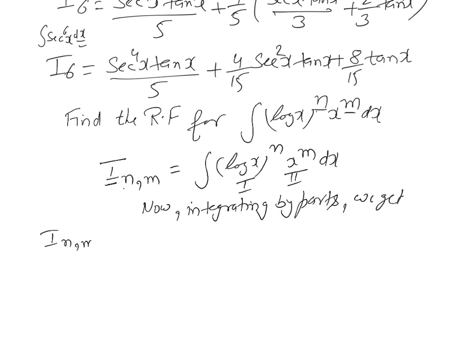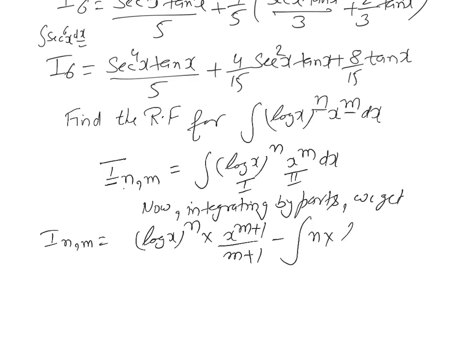Now use the integration by parts. I n comma m is equal to log x raised to the power n will remain the same, while x raised to the power m will be integrated, minus n into log x raised to the power n minus 1 into 1 by x into x raised to the power m plus 1 divided by m plus 1, and here is dx.